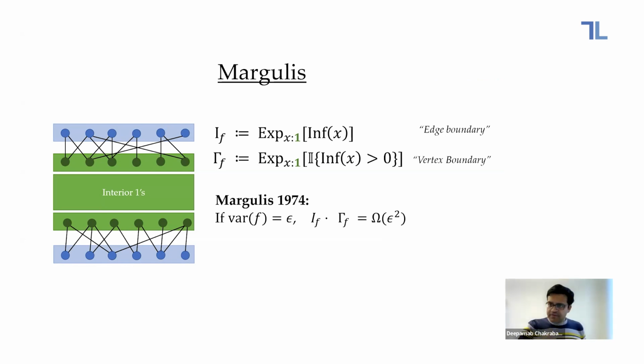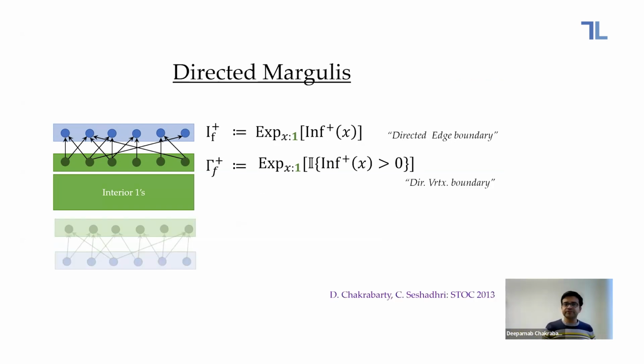Okay, so again, almost syntactically, we can now think about what happens in the directed hypercube. There was this average directed sensitivity, which is the number of directed edges coming out of it, the directed edge boundary. Now you can define the directed vertex boundary, which basically says how many of these vertices have some violation incident on it. That's the directed vertex boundary, again normalized by 2 to the d.